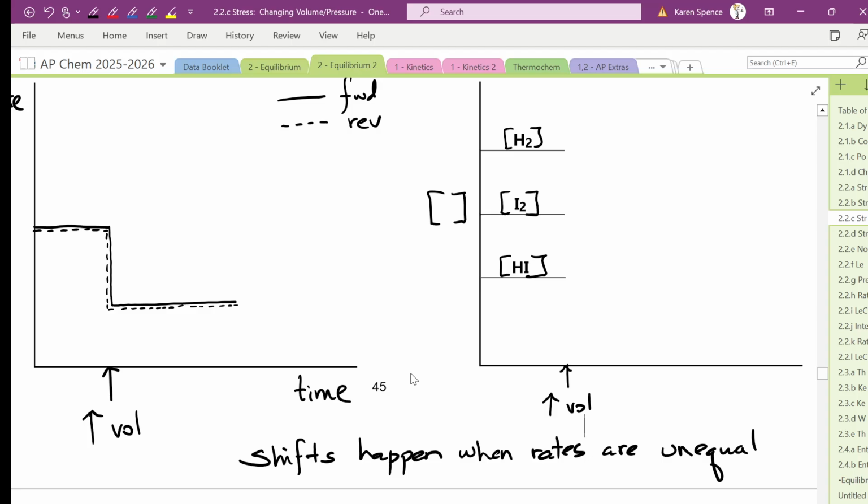What happens to concentration of H2? Drops. I2? Drops. HI? Drops. How did I decide by how much they dropped?